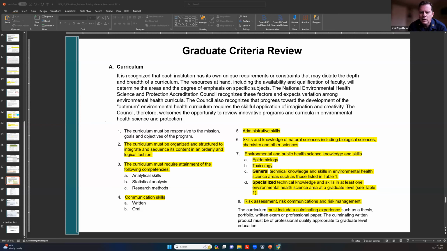You really want to check that it's not possible for a student to satisfy the graduate toxicology requirement without a really good foundation in biological sciences and chemistry.